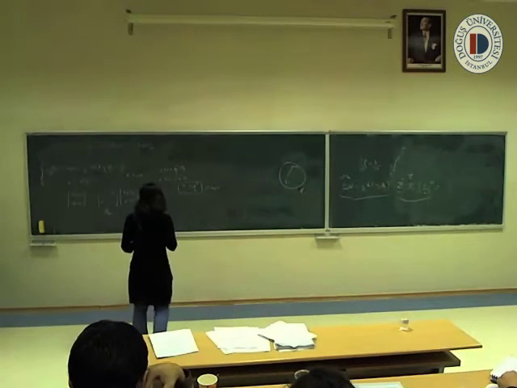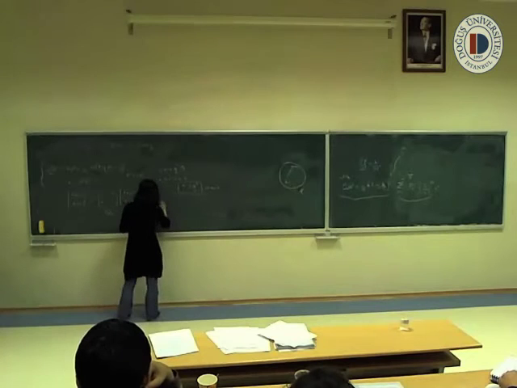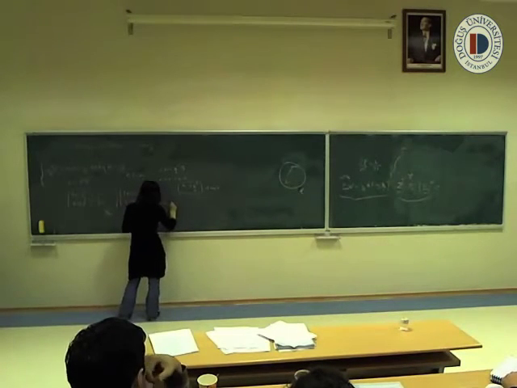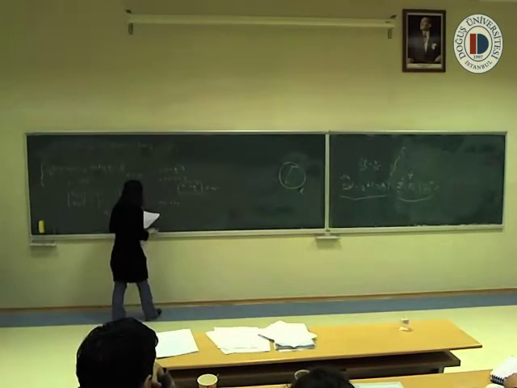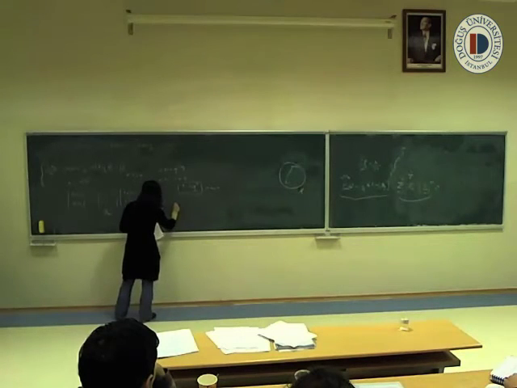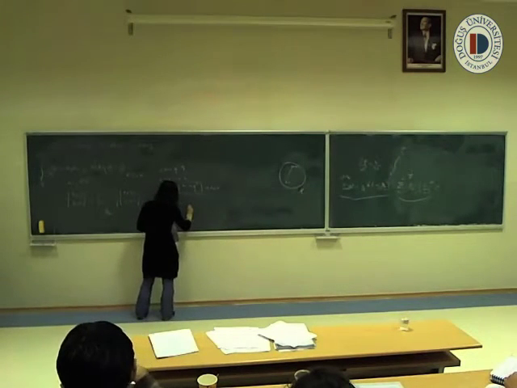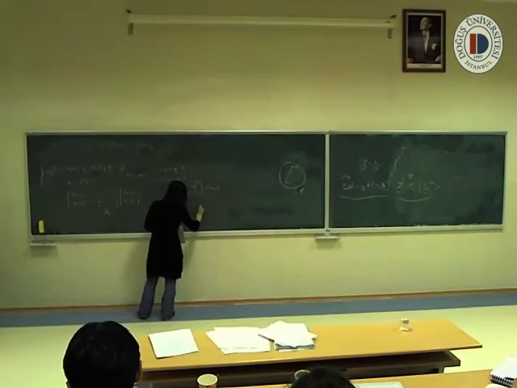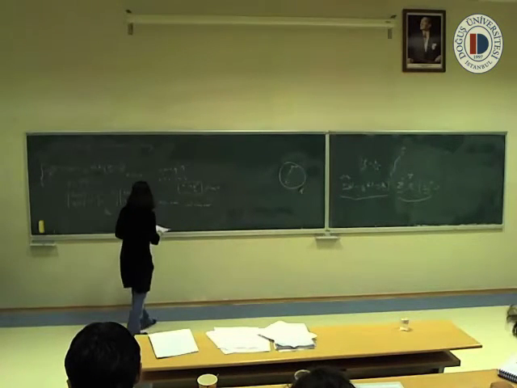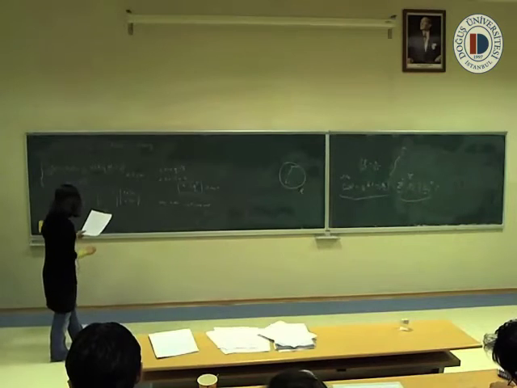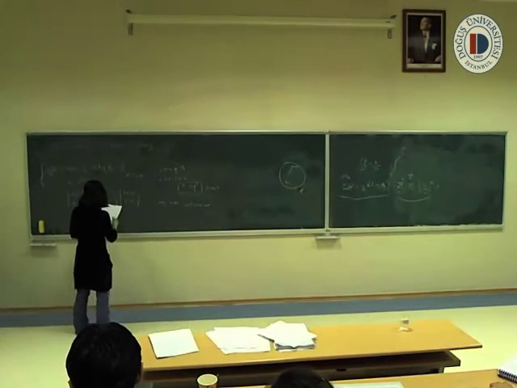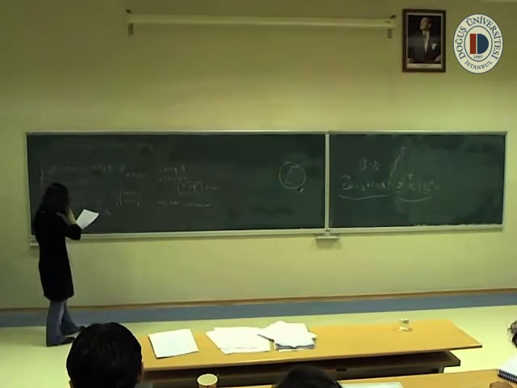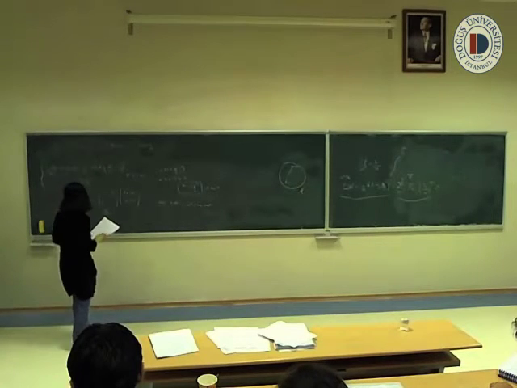So now I'll try to explain to you why U equal to 0 is not a singular point. The argument that Seiberg-Witten give for this works more or less like this. Imagine that U equal to 0 is another singular point.